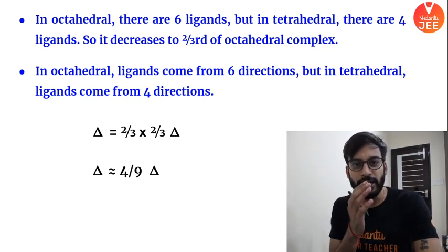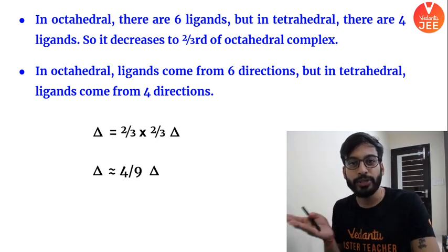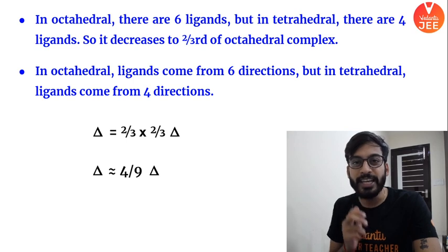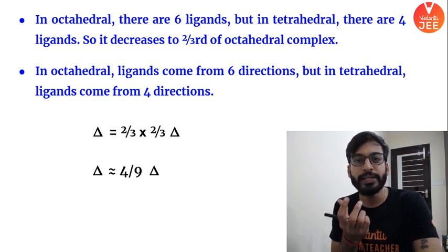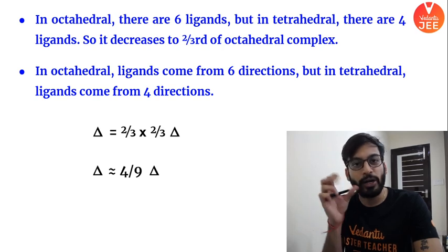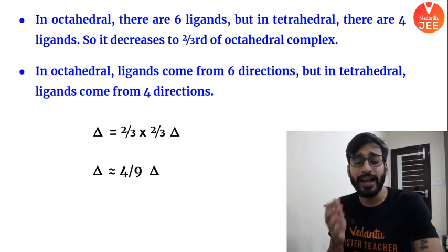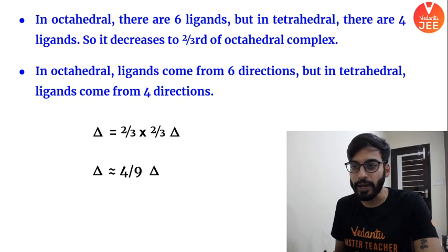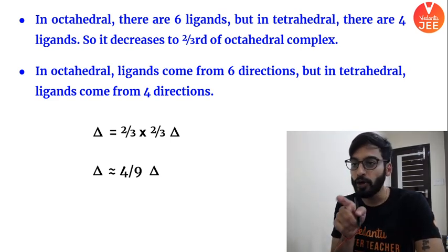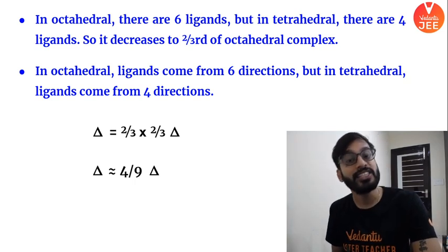If you notice, as we move from an octahedral to a tetrahedral complex, there is a decrease in the splitting by a factor of 2/3. Through this, our splitting has reduced 2/3 times, because in the tetrahedral complex we have 4 ligands, while in the octahedral complex we had 6 ligands.